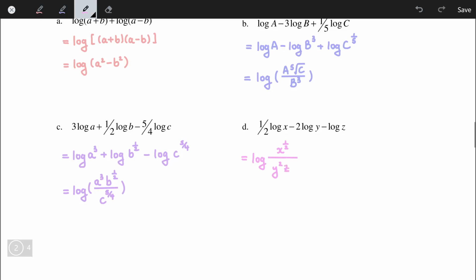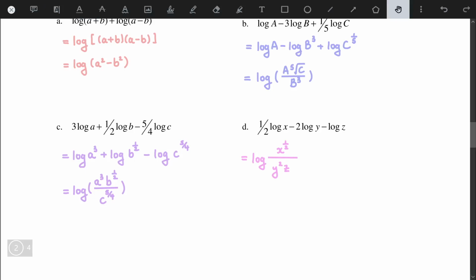So like so. So this example allows us to see how multiple logarithms can be combined into a single one, which can help us evaluate them in some cases.